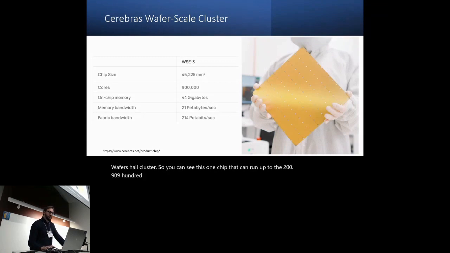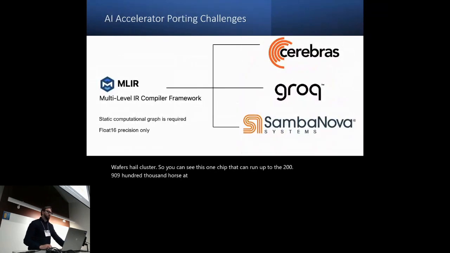900,000 cores at once. But the challenge that we encountered was the middleware, MLIR, the standard middleware that is used on the majority of the AI accelerators, such as Groq and SambaNova. One of the caveats of it was the requirement for a static computational graph.